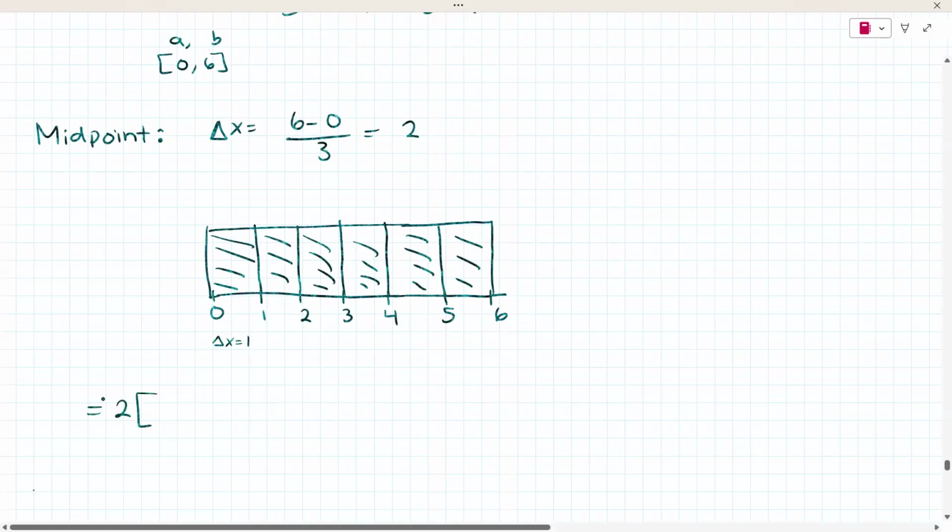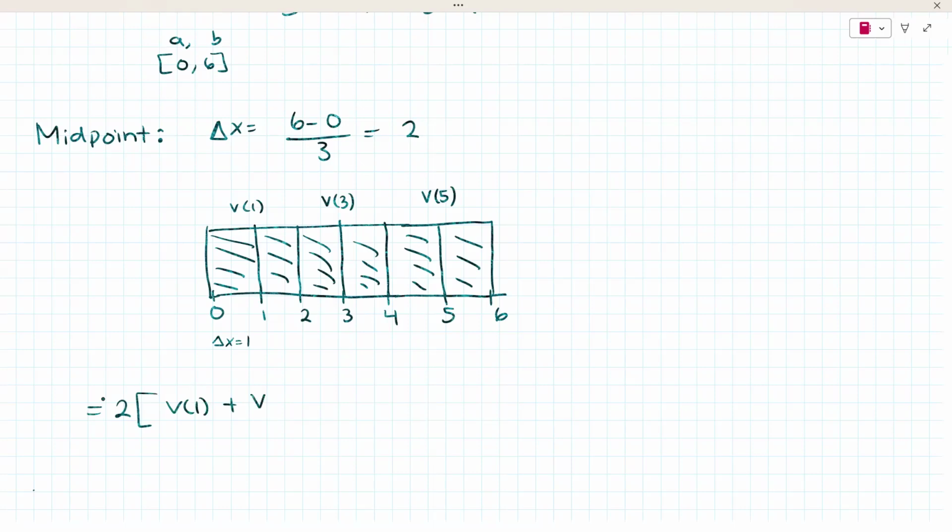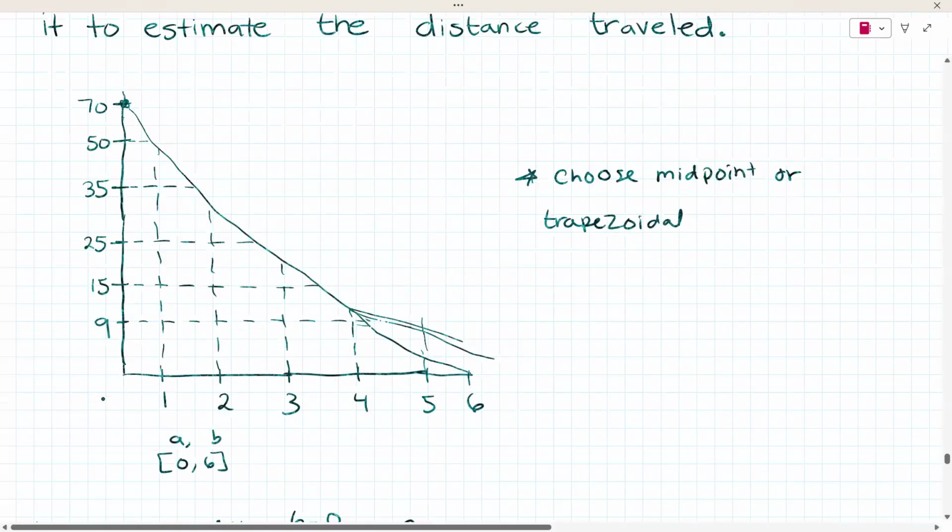And we're doing midpoint, so you need to find v of 1, and then v of 3, and then also v of 5. So v of 1 plus v of 3 plus v of 5, times 2. And then we have to estimate it. If you look at your graph, v of 1 looks like it's at 50.